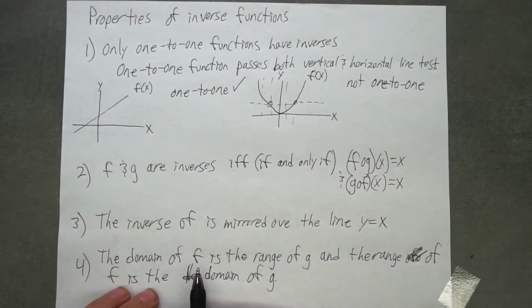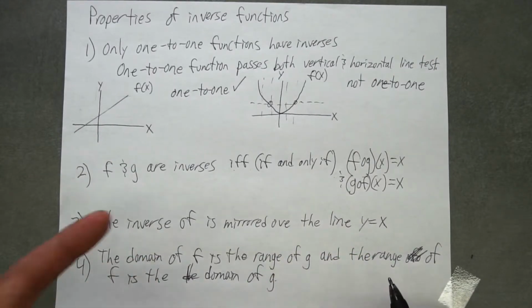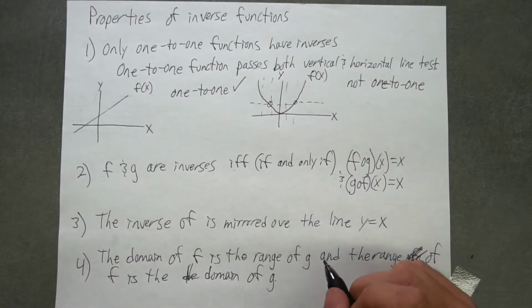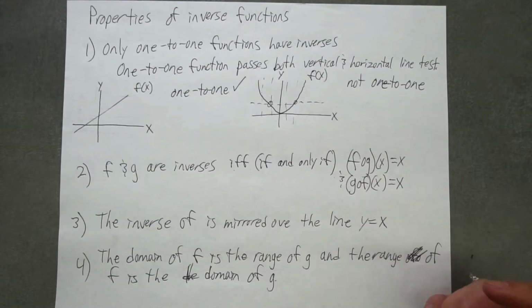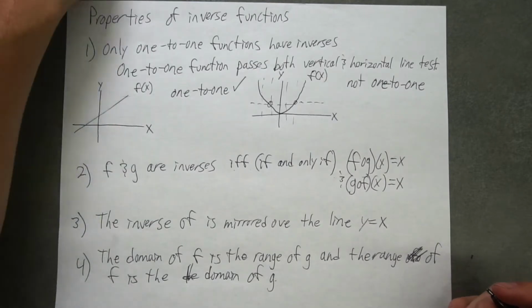So what this means is that the domain and the range switch for the function and its inverse. In order to illustrate all of these points, I'm going to use an example.